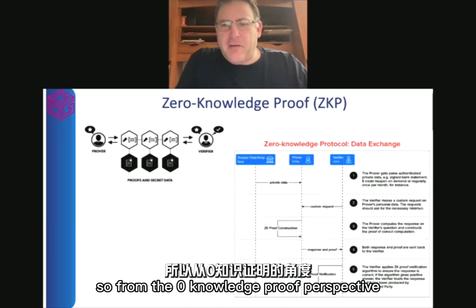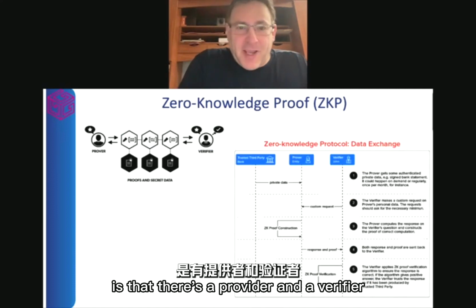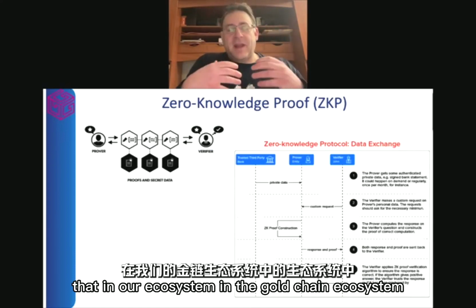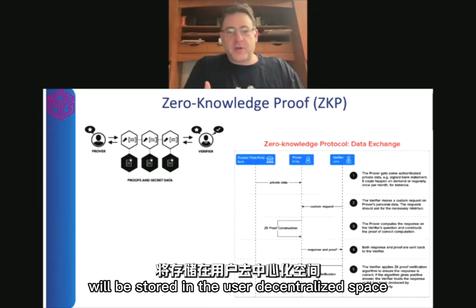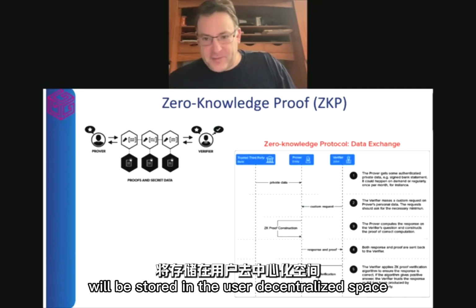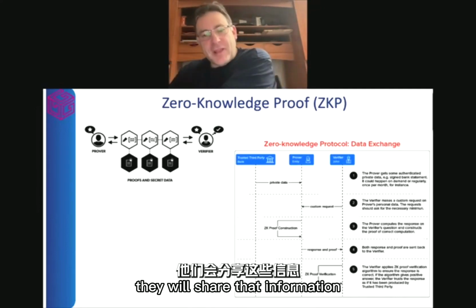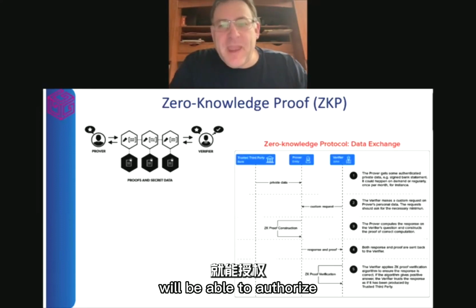So from the zero knowledge proof perspective, all I want to say about this is that there's a provider and a verifier, and we have to provide information that in our ecosystem, in the GODECHAIN ecosystem, will be stored in the user decentralized space. We will go in and they will share that information, and then on behalf of them, this protocol will be able to authorize.